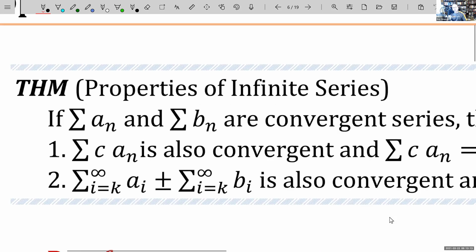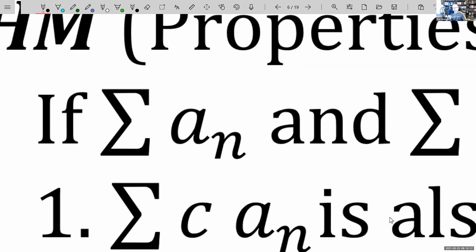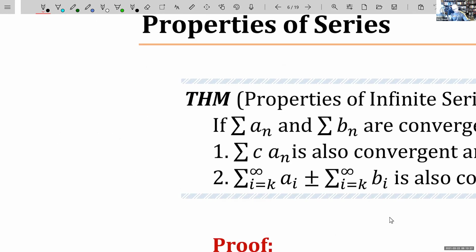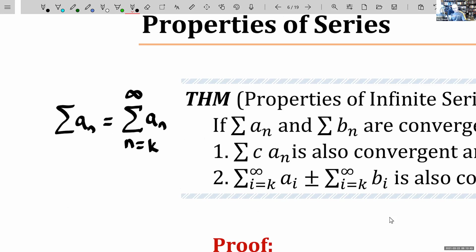If you're given 2 series, and if you see this notation right here where you have a summation of a sub n, and I didn't say n goes from 1 to infinity, that notation is basically the same as the summation n equals some number k to infinity of a sub n.